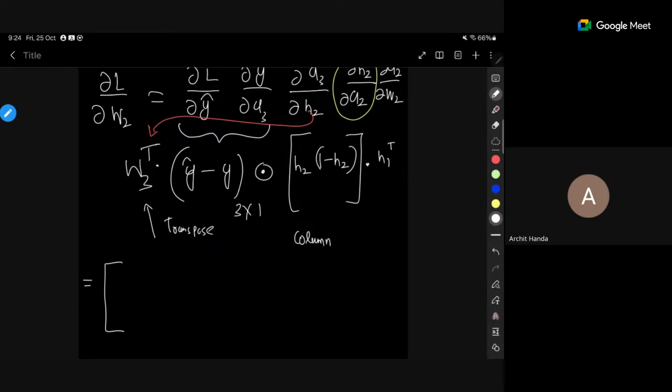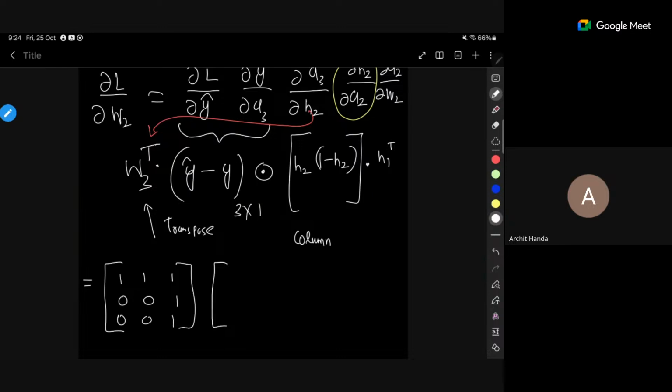It could matter. 1 1 1, then 0 0 1, then 0 0. So this is my W3 transpose.